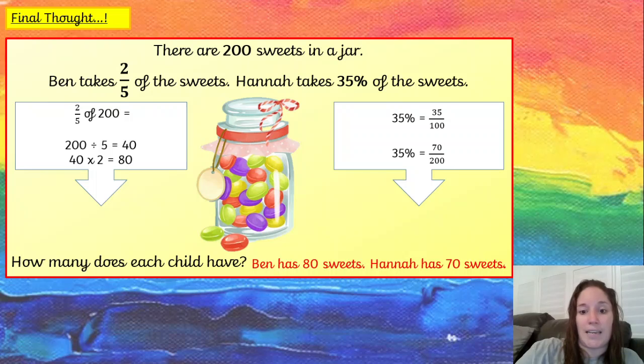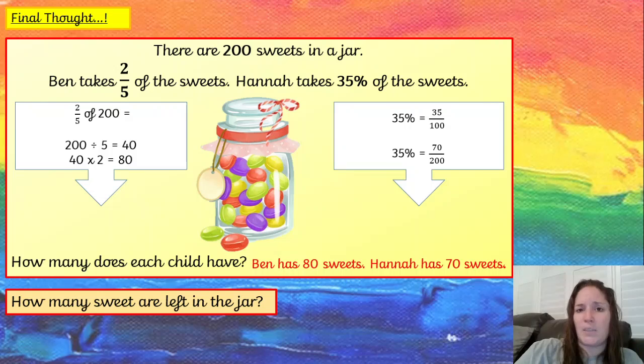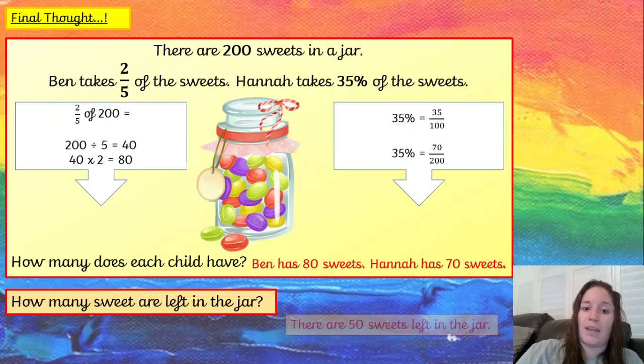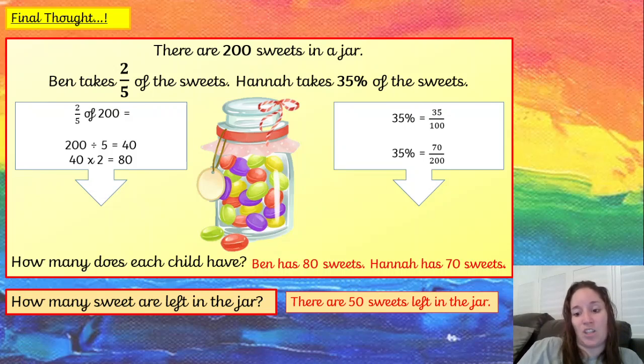So Ben had 80, Hannah has 70. How many sweets are left in the jar? Well, if there were 200 sweets in the jar, Ben had 80, Hannah had 70, that equals 150, which must mean there were 50 sweets left in the jar.